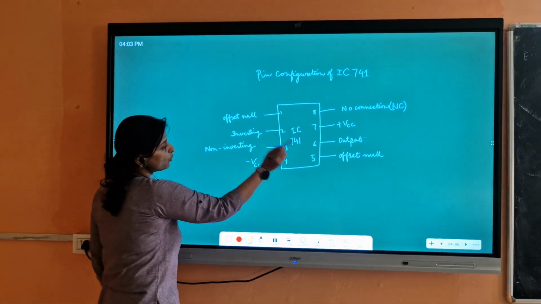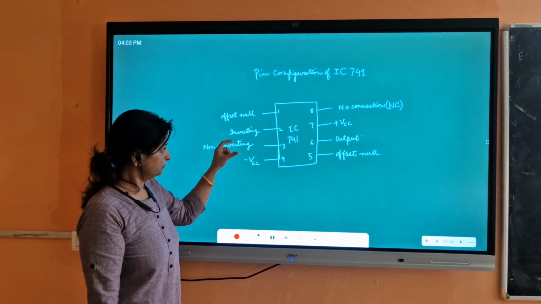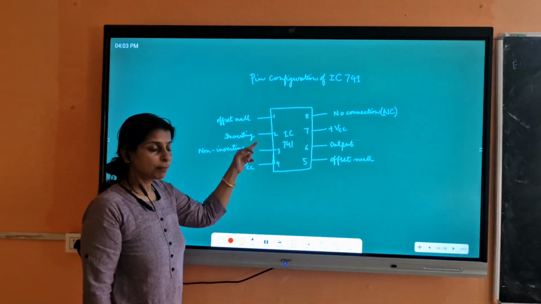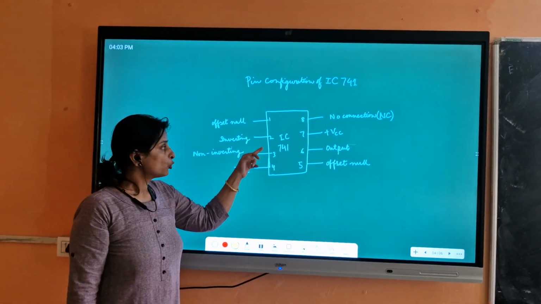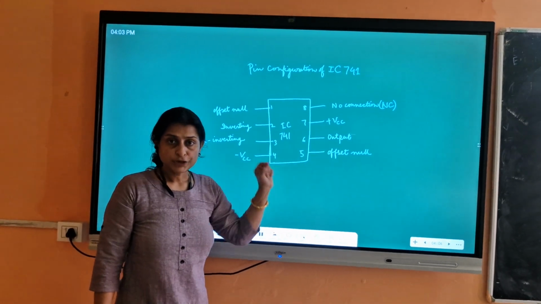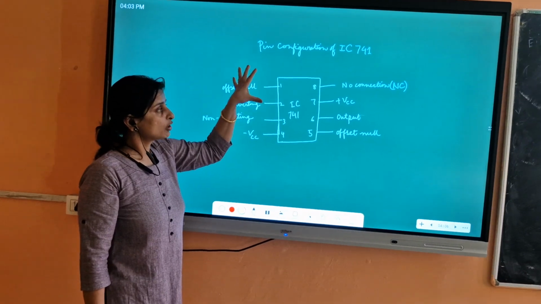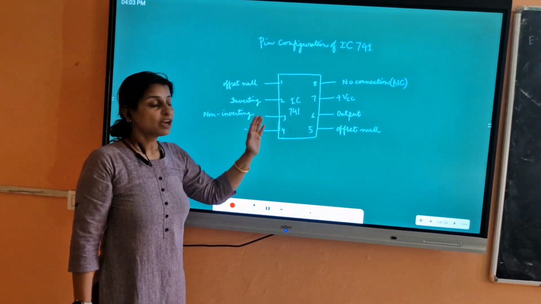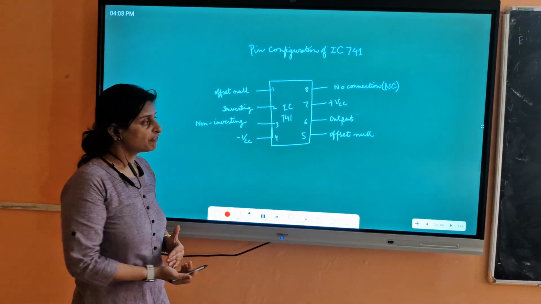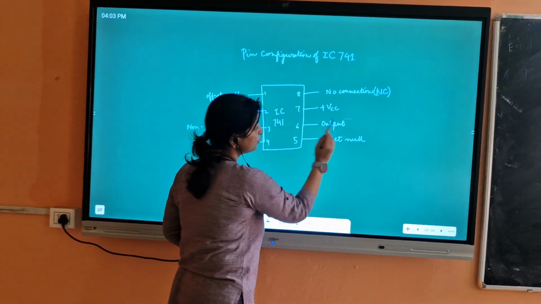Now pin number 1 and 5 are the offset null. In IC-741 or an operational amplifier, if you apply the same voltages at both the input terminals, we are supposed to get 0. If we don't get 0, then the IC-741 or the op-amp needs to be balanced, because for a perfectly balanced operational amplifier, if we apply the same voltages at the two input terminals, we should get 0.